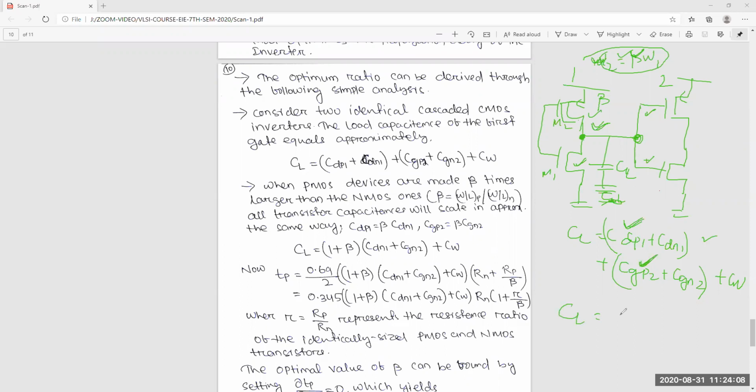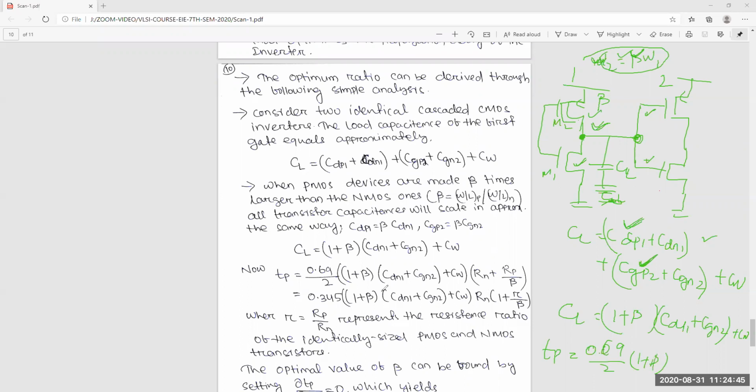CL is equal to, if you add this, you take common, then 1 plus beta times CD1 plus CGN2, and CW is constant. Finally, Tp is equal to the average value divided by 2, so it comes to 0.69 by 2, 1 plus beta.